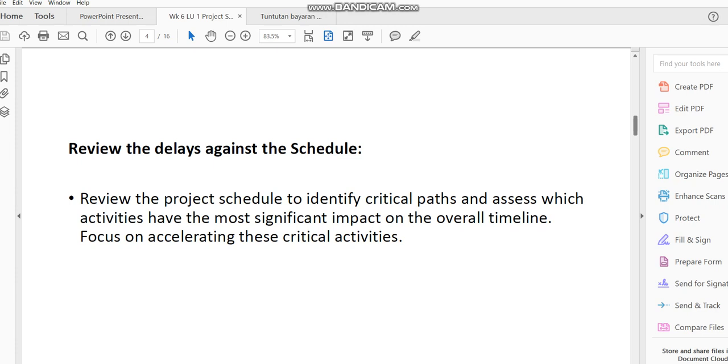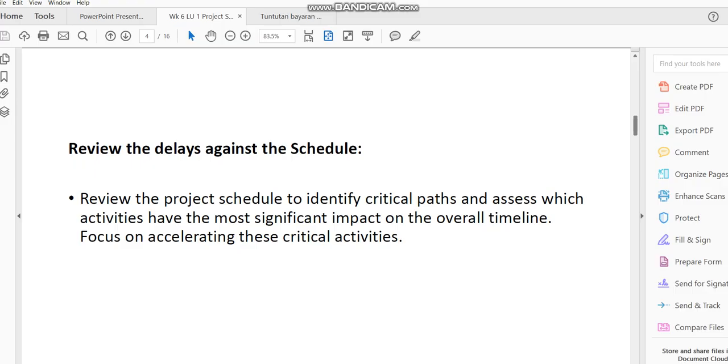But of course, I'm not saying if it's delayed, it's okay if it's not a critical activity or if the cause is really unforeseen. It's not like that. It's just that you will need to have different strategies, different urgency of strategies when you're dealing with different types of delays, either on the critical path or on the non-critical path, you see. And then whether that delay is what we call a claimable delay or a non-claimable delay.